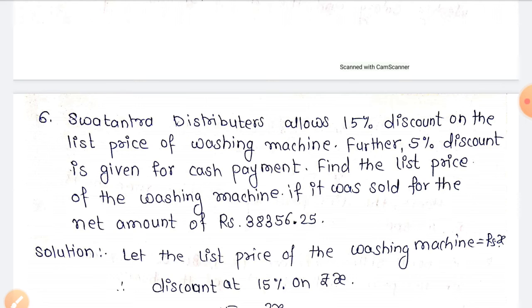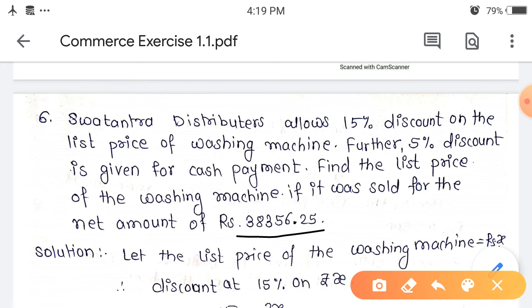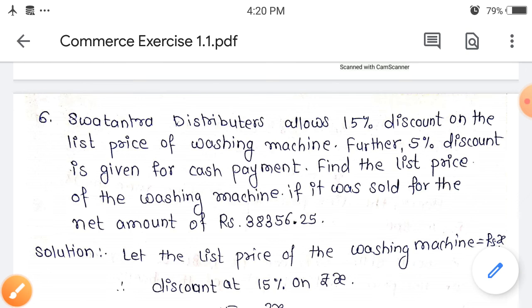We want to find out its original value or list catalog price. Okay, two discounts are given. After that total net amount paid is 38,356.25, and we want to find out its original catalog price.